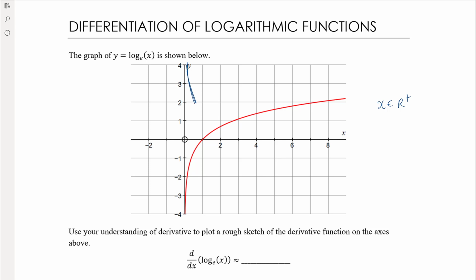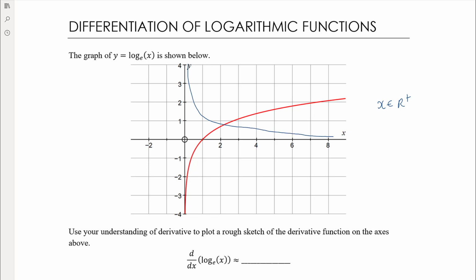And then we can see that as x gets bigger, the gradient remains always positive, but it gets smaller and smaller. So we're essentially going to have something that asymptotes here and asymptotes here. It's going to look something like that.